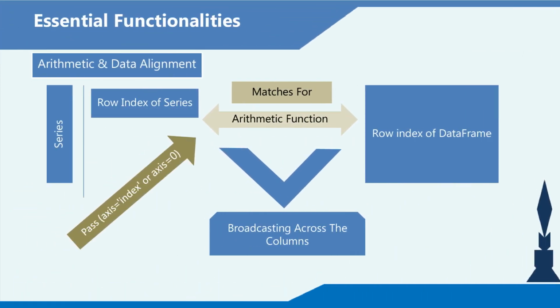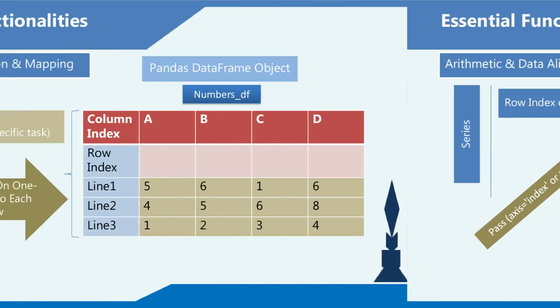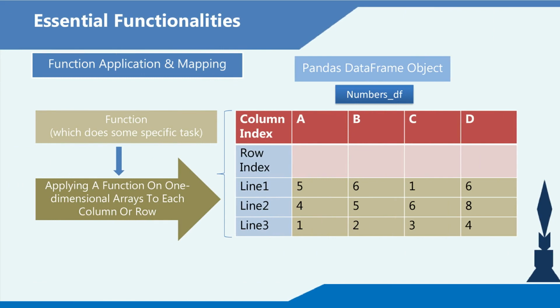If we want to instead broadcast over the columns matching on the rows, we can pass axis equal to index or axis equal to 0, which is the parameter used in the arithmetic methods. By default, it is set to operate along the rows. NumPy universal functions also work with the Pandas objects.